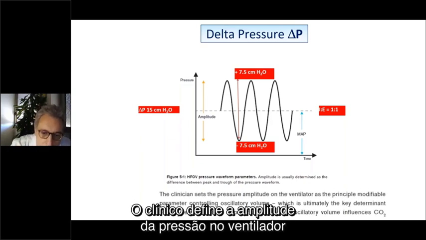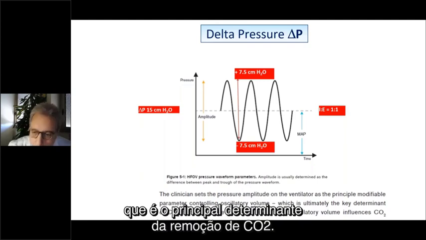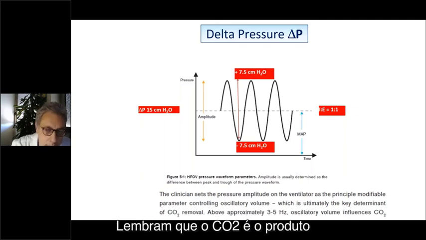The clinician sets the pressure amplitude on the ventilator as the principal modifiable parameter controlling oscillatory volume, which is ultimately the key determinant of CO2 removal. Do you remember that the VCO2 is the product of the tidal volume times the frequency?